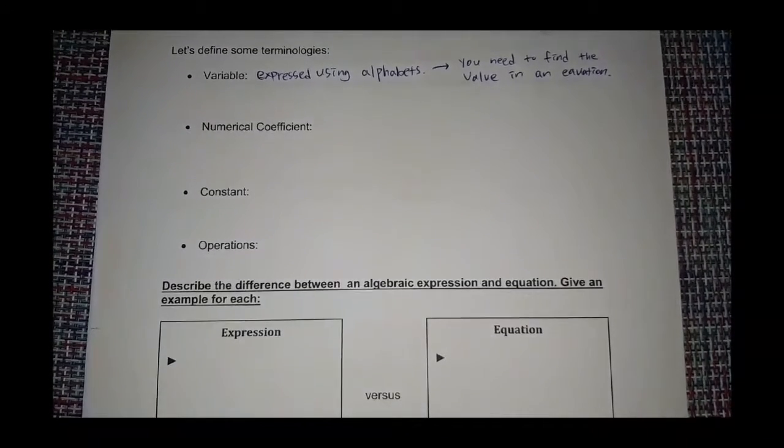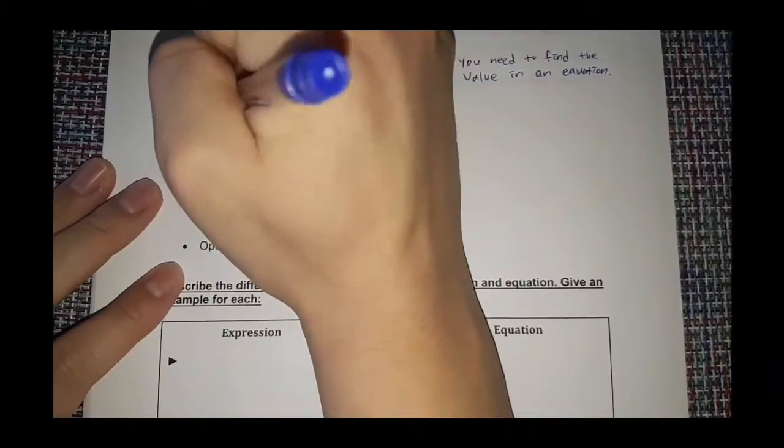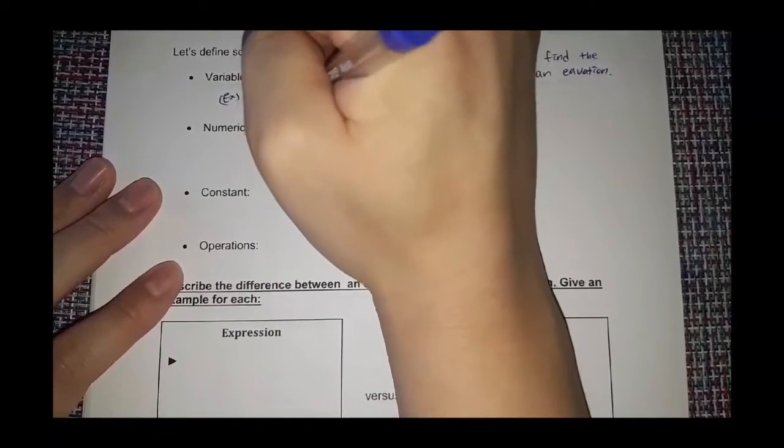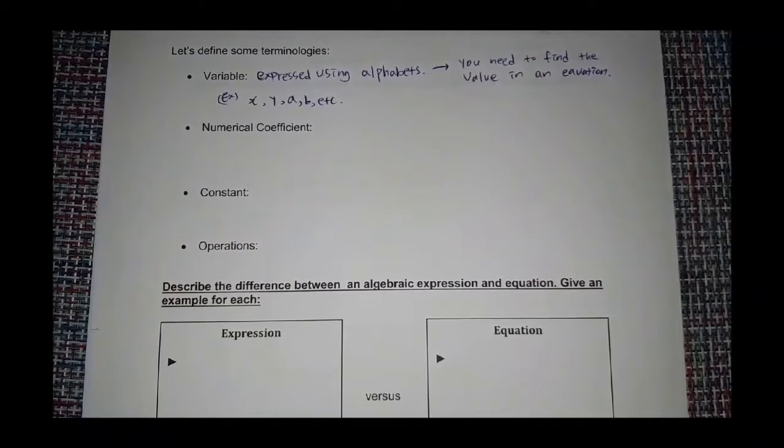Sorry about that. And a variable is notated by an alphabet, any of those. We learned about monomial, binomial, trinomial from last unit. And at the same time, we also talked about several skills that we need, like simplification of like terms.